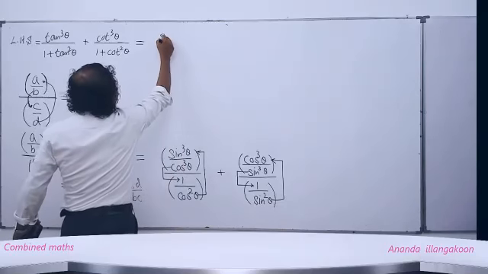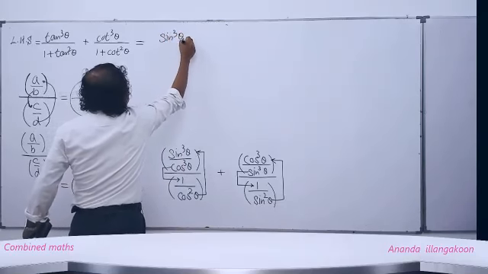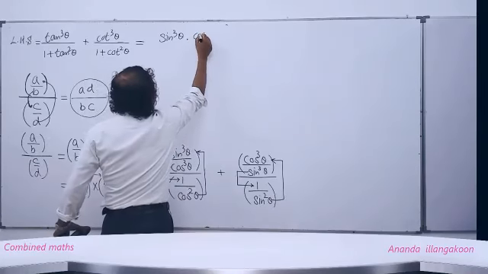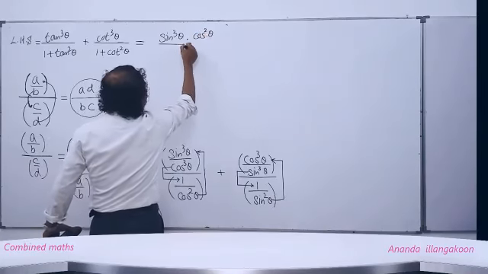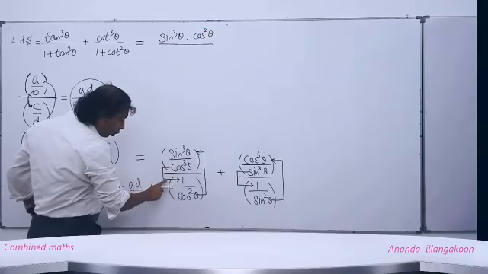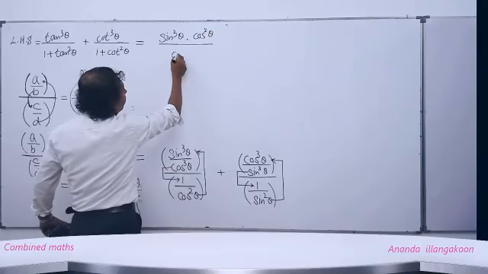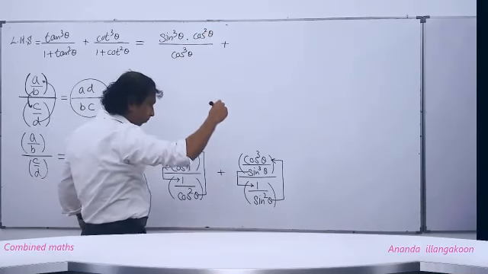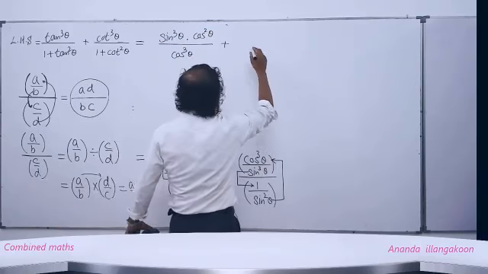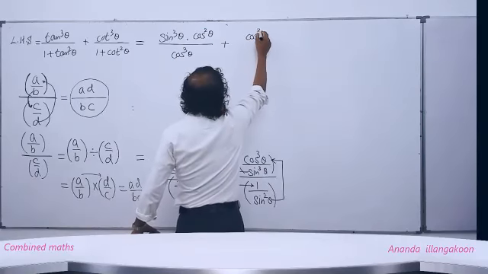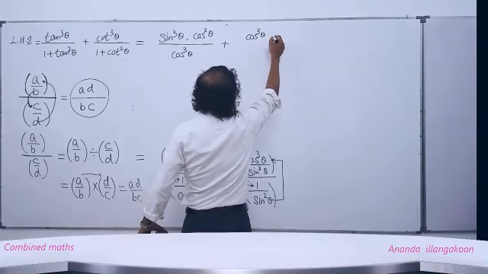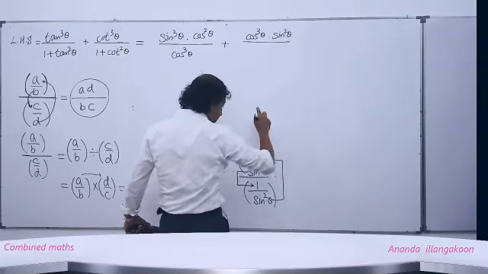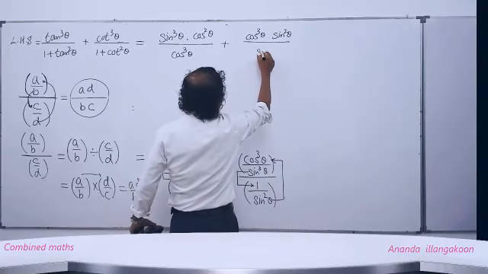This sin cube theta and this cos squared theta, divided by cos cube theta into 1 means cos cube theta, plus this and this cos cube theta into sin squared theta, divided by sine cube theta into 1 is sine cube theta.